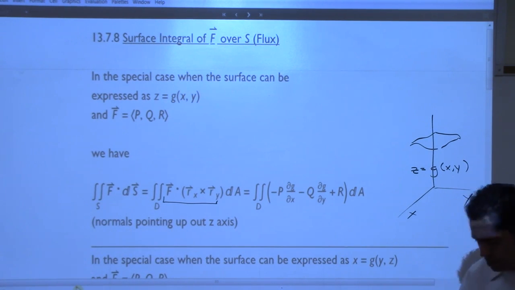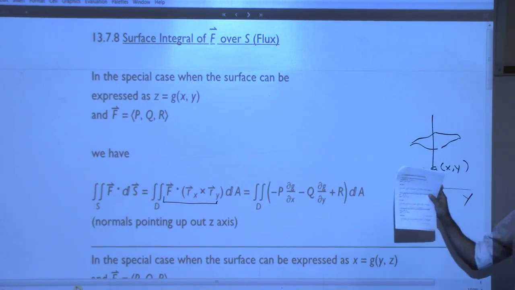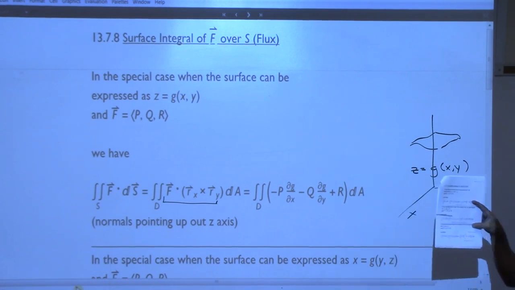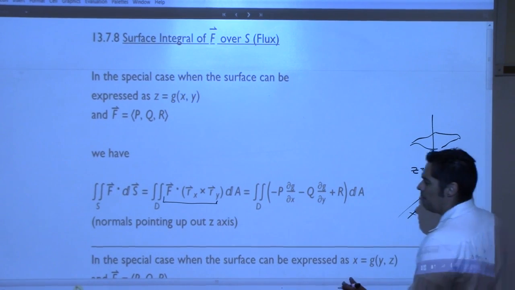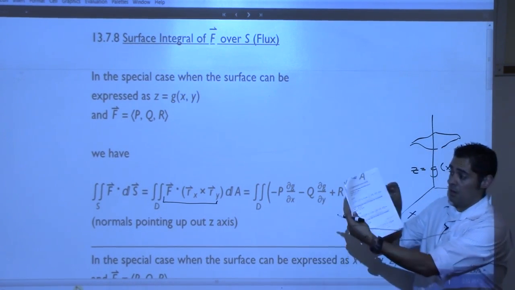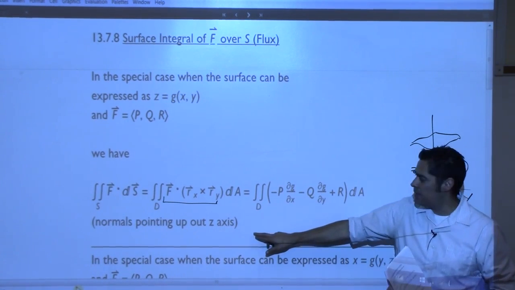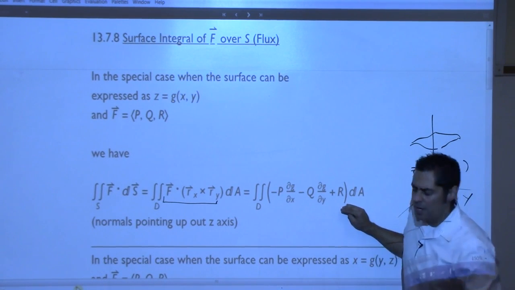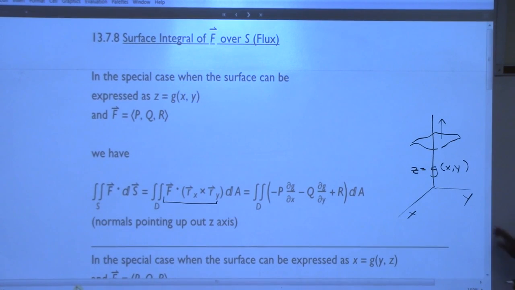Okay, what I recommend you do is go to the notes I provided for this section online, because I have notes for all three special cases. So it's this formula, and on the notes that I provide for you online, I know some of you I do not include this, so you might want to add this note in there. This is the formula if you're looking at your normals as pointing up out of the z-axis.